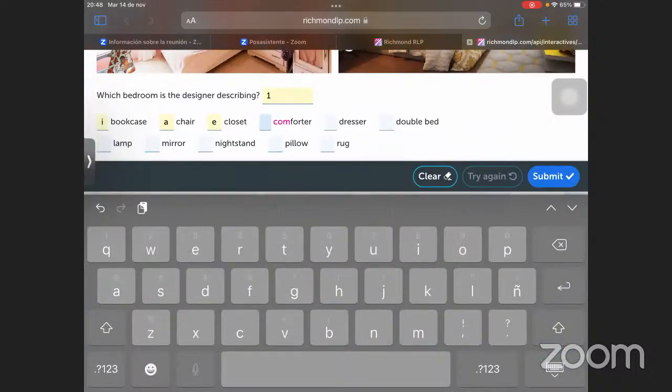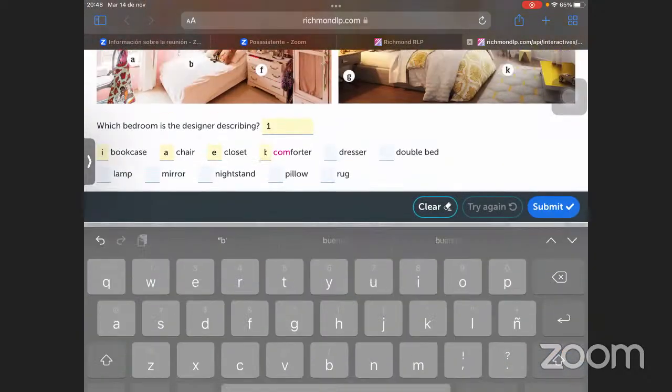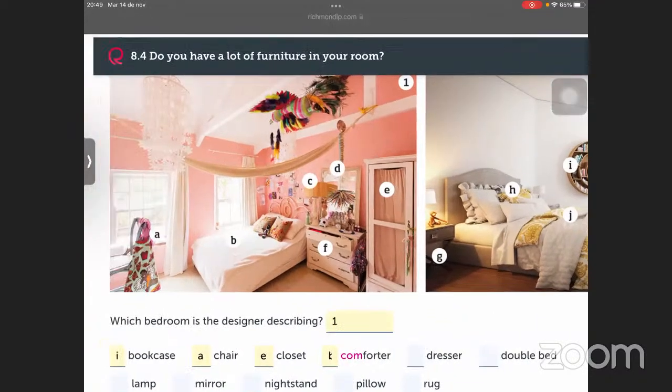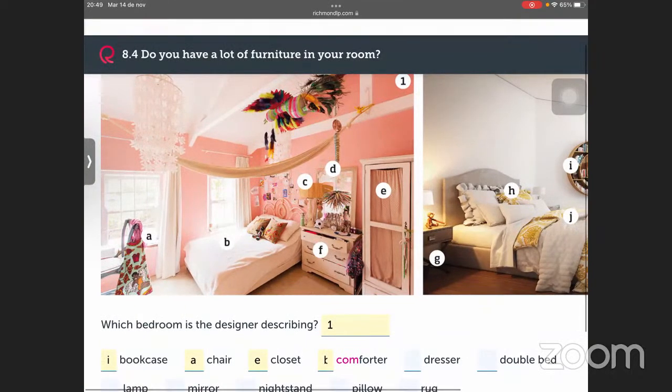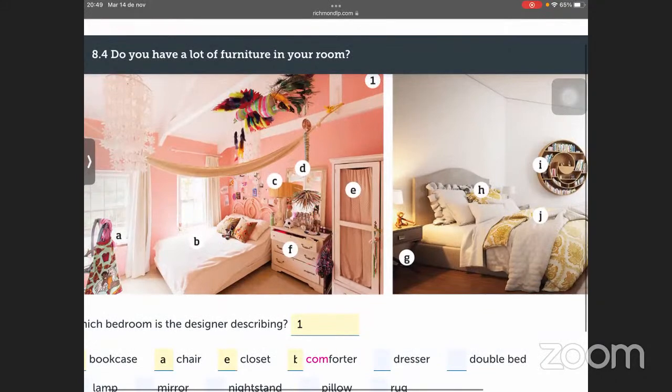Okay, let's try letter B. No letter. Okay. Dresser. What's a dresser? Maybe F. F, okay.